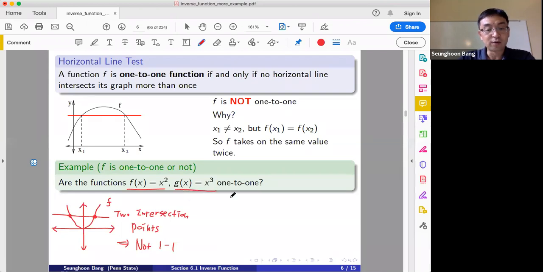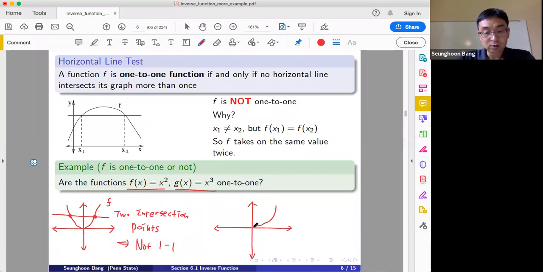What about g of x? g of x equals x cubed is one-to-one or not? It is one-to-one, right? What's the graph of g of x? The graph of g of x equals x cubed is like this.